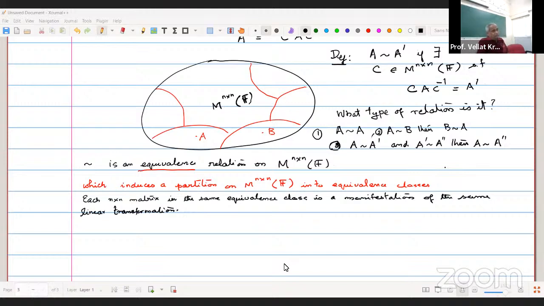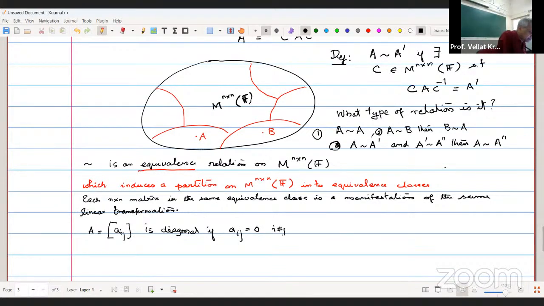But you see that among all matrices, you find a diagonal matrix, something particularly simple. What do we mean by a diagonal matrix? A, which is written in the form Aij, is said to be diagonal if Aij equals 0 whenever i is different from j.